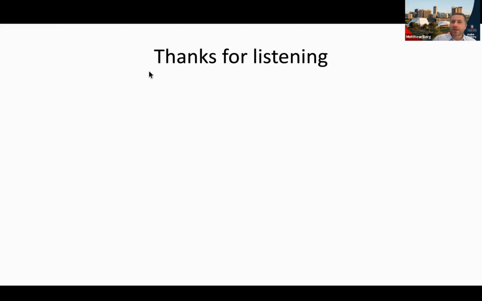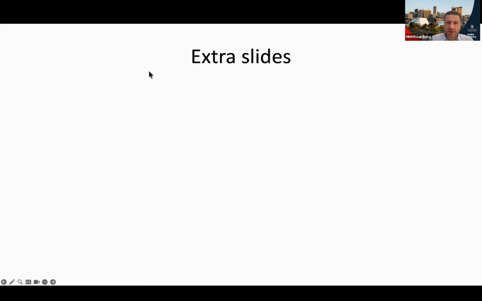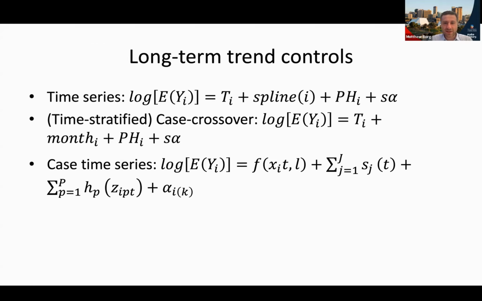So let me just share, I've got a few extra slides. So this is an example for a time series model. The outcome is log E(Y_i), and then T_i would be the effect of heat, temperature or heat waves. If you use a DLNM, we would replace T_i with the DLNM.